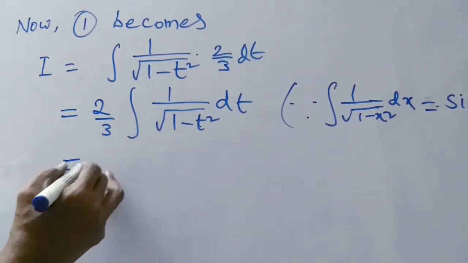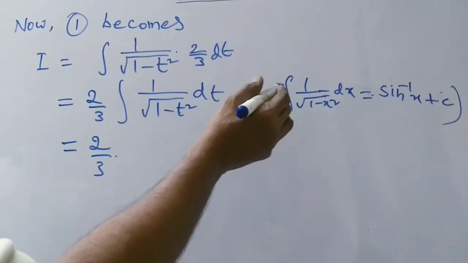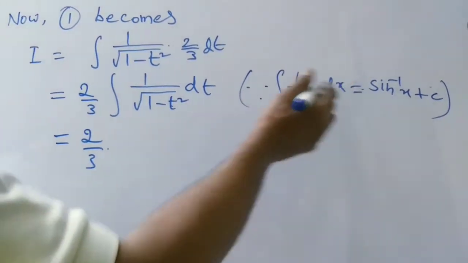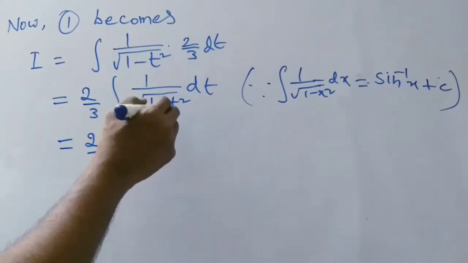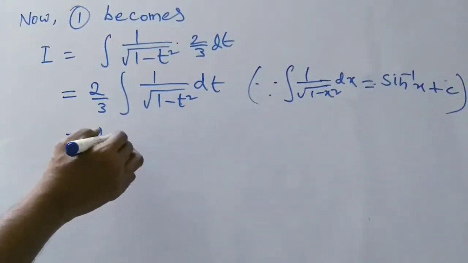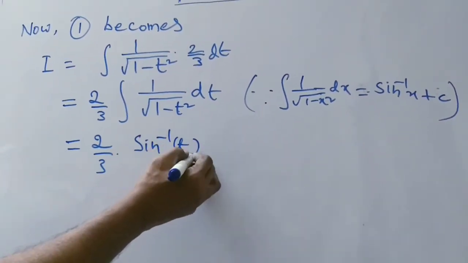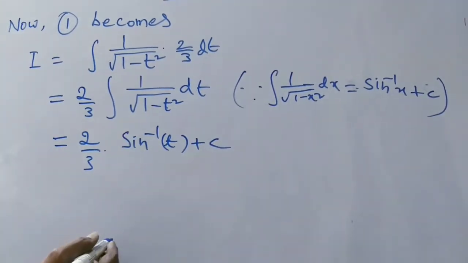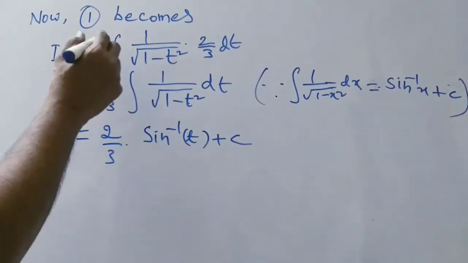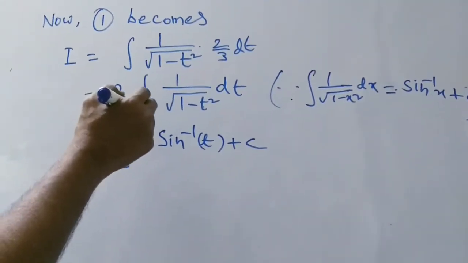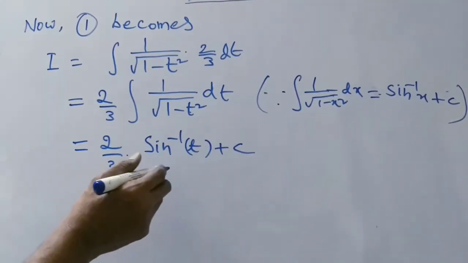So it becomes 2 by 3 into sin inverse t, where in place of x we are substituting t. Why? Because the integral of 1 by square root of 1 minus t square dt is equal to sin inverse t plus c.